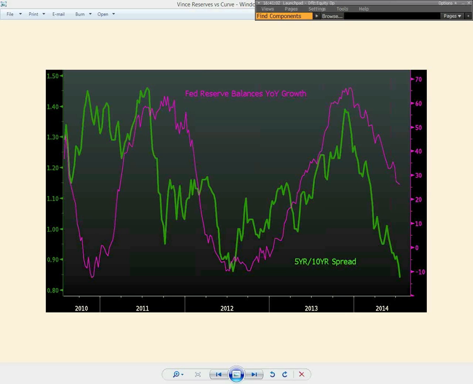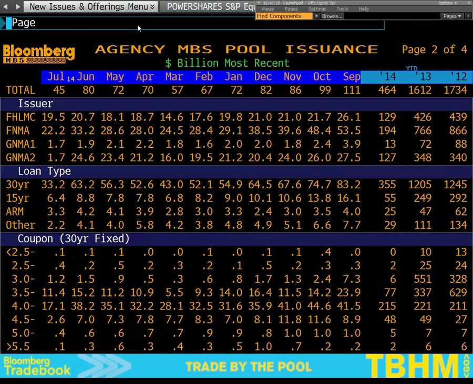But the mortgage supply has completely gone away. It's running half what it was running the previous 2-3 years. So it's very hard to see how the 10-year yield could back up materially in an environment where there's no supply of mortgages.